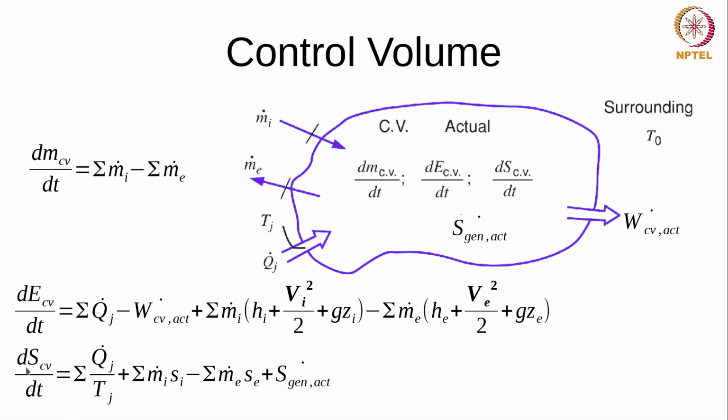So I need to get the same dS/dt which was there in the actual case, but I now have this term which is the same, this term which is the same, this term which is the same, but I do not have this term. So there is some part missing here in order to get the same change in entropy.